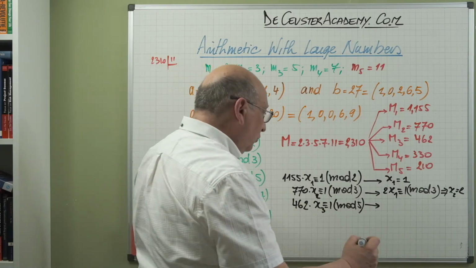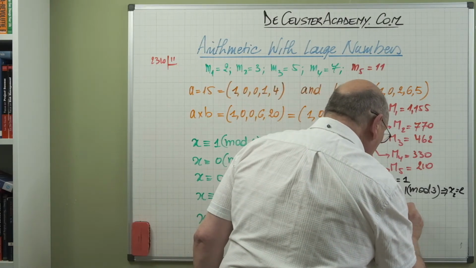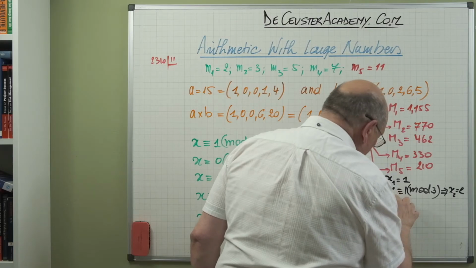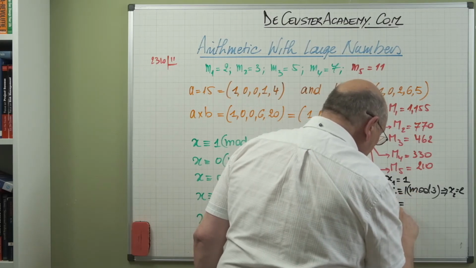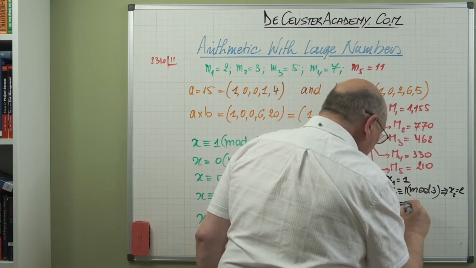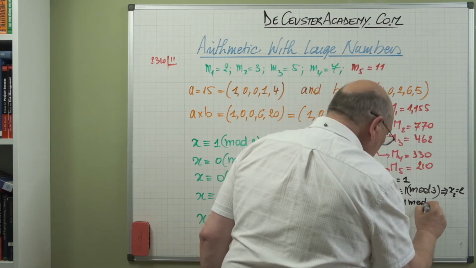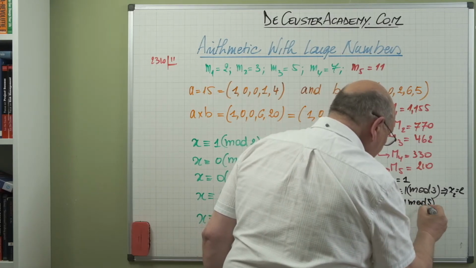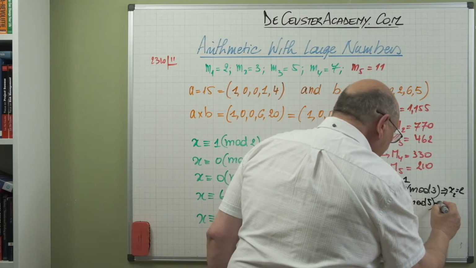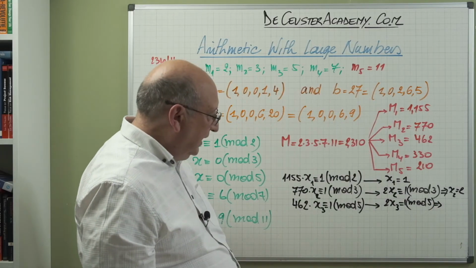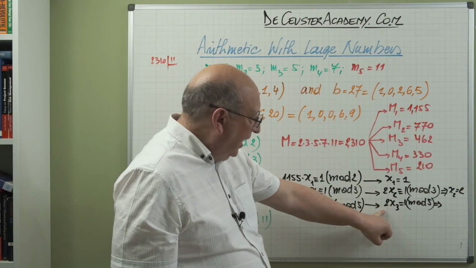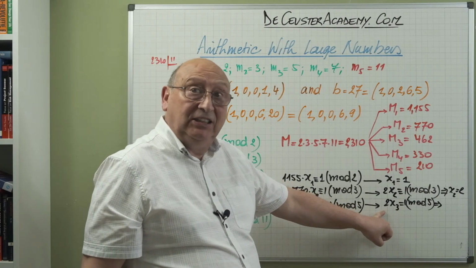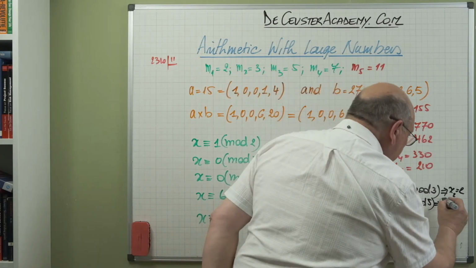So I have 2 x3 congruent with 1 modulus 5. So we find here that x3 is equal to 3.